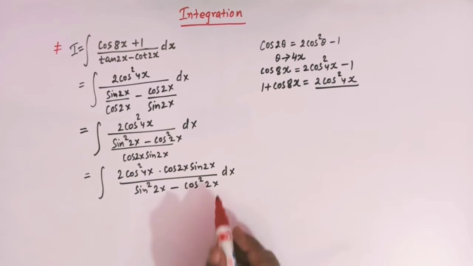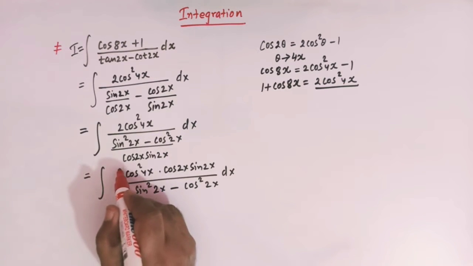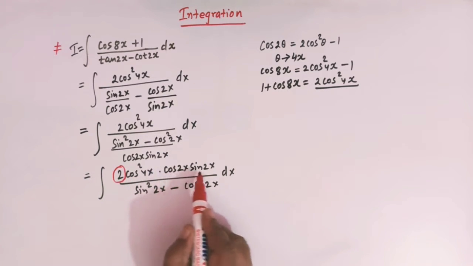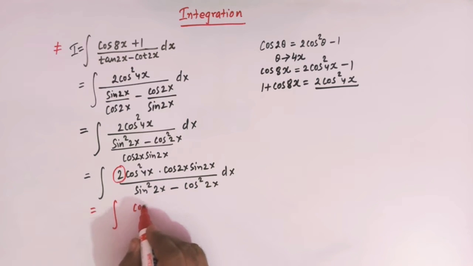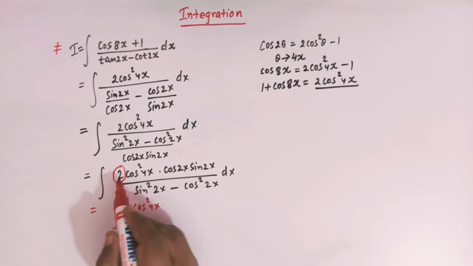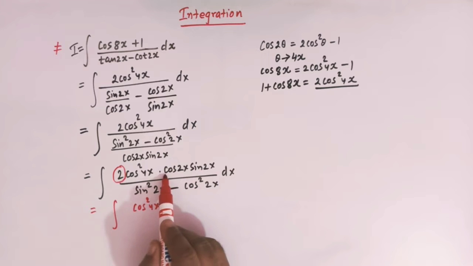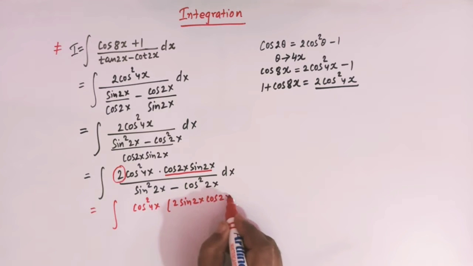Now at this step we have to again take help of trigonometry. See, here we have this 2. If we take this 2 with the cos 2x sin 2x, then we have cos²4x, and 2 sin 2x cos 2x.